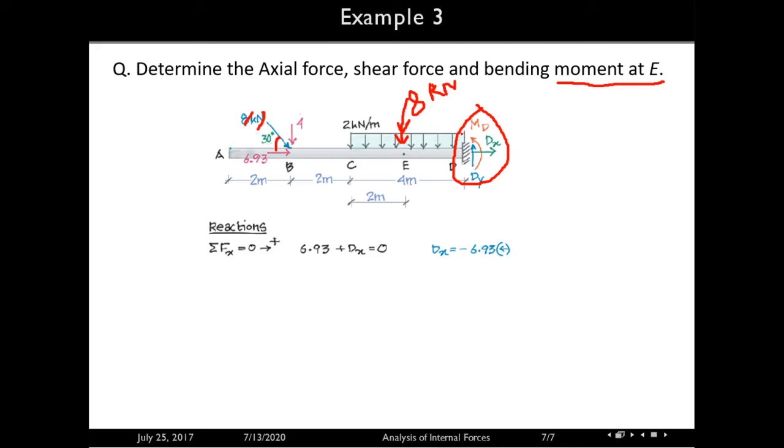In order to calculate the reactions, as we have already seen earlier, we apply equations of equilibrium, so we are doing the same here.